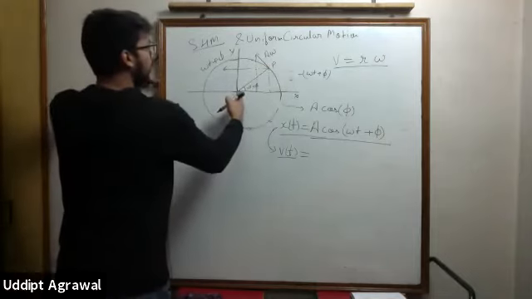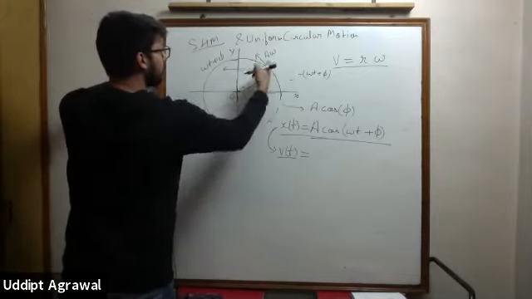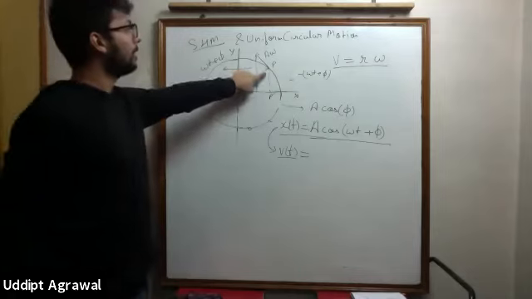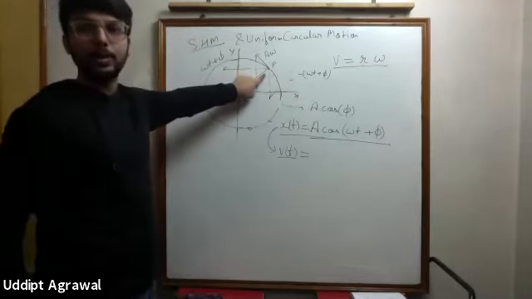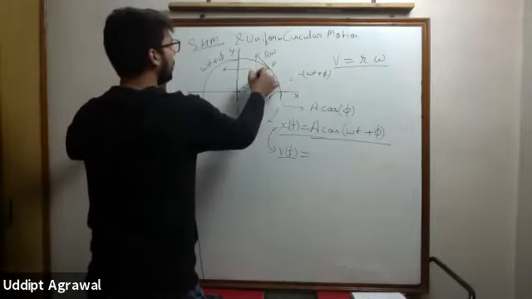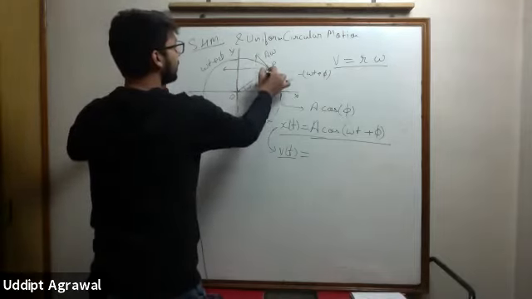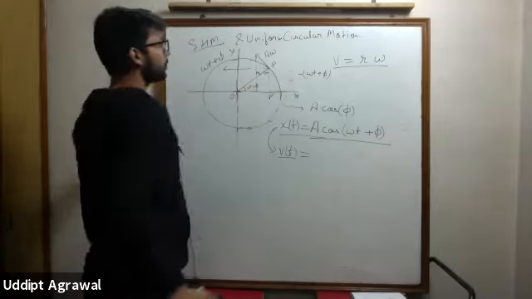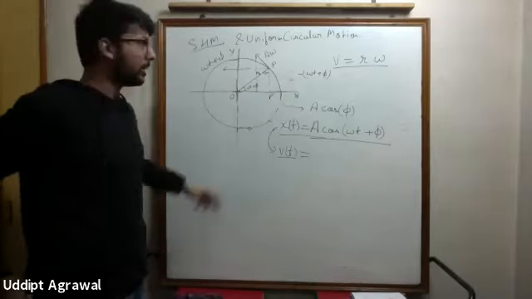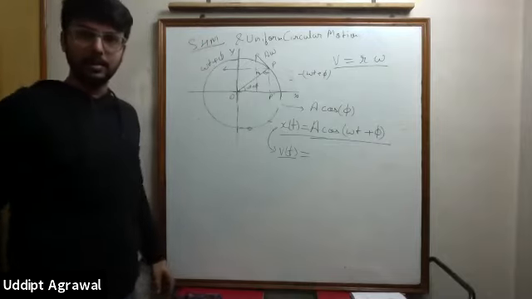Now, in this triangle, PO P dash, this angle will be pi by 2 minus omega t plus phi, right? And now this angle and this angle are equal because they are alternate angles between parallel lines.